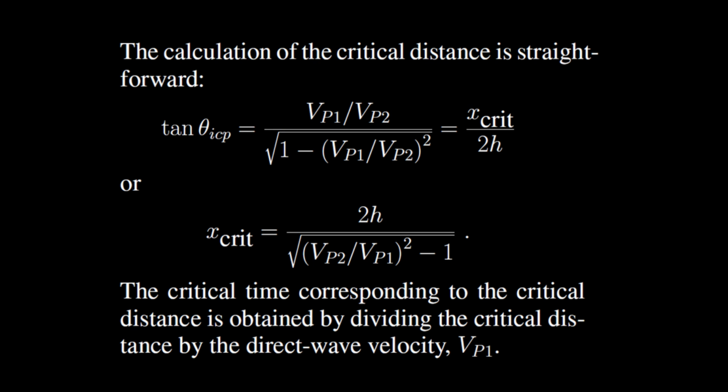Let's conclude our quiz by computing the critical distance of PPP refraction. The calculation of the critical distance is straightforward. The critical time corresponding to the critical distance is obtained by dividing the critical distance by the direct wave velocity, Vp1.